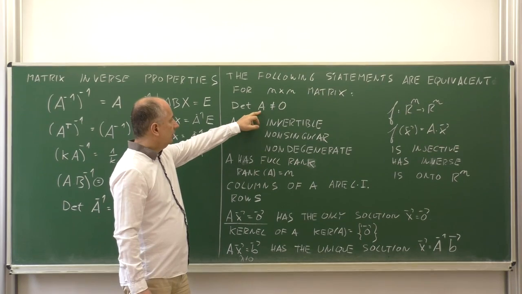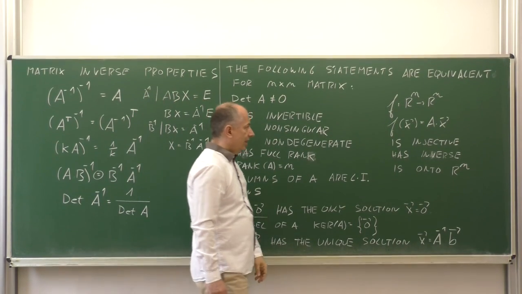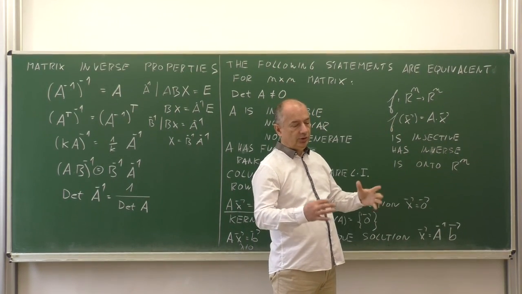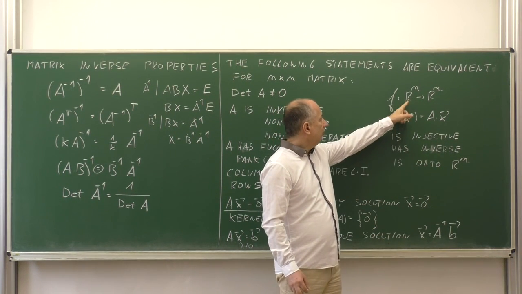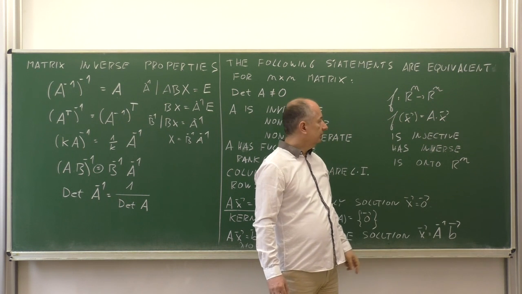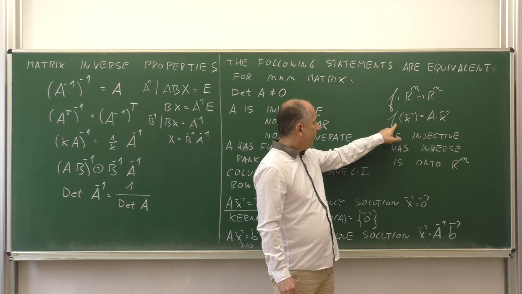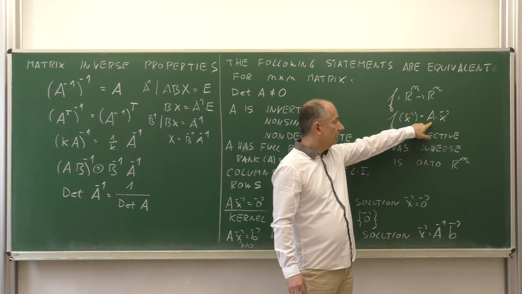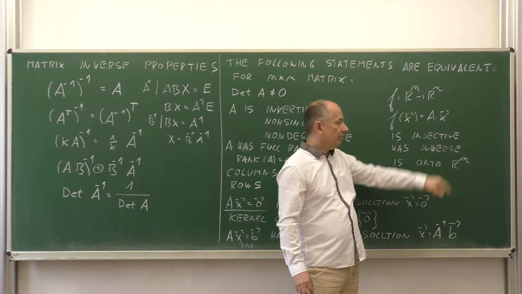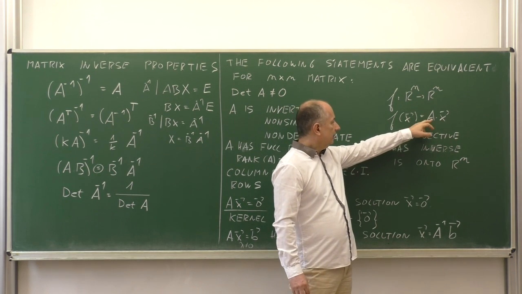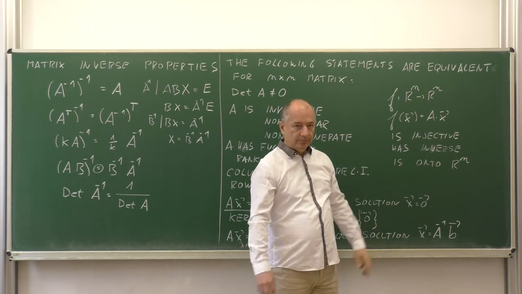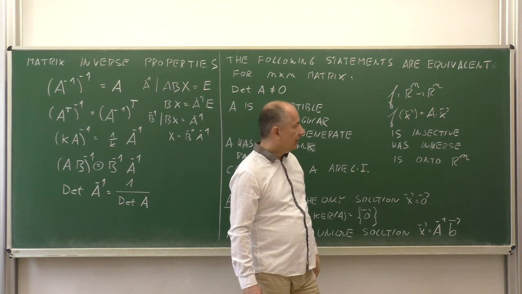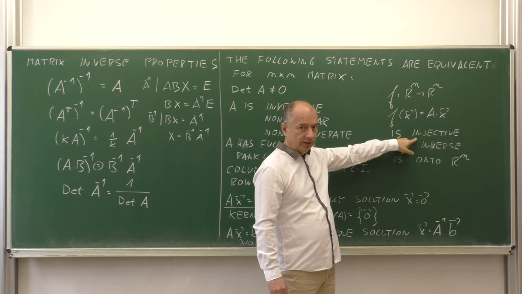And related to the matrix A, we can consider the map, which is a generalization of a function, from Rn to Rn, defined by f at some vector x is equal to the product, the matrix A times the vector. So the matrix describes such a map. And if the matrix A has non-zero determinant, then this map is injective.